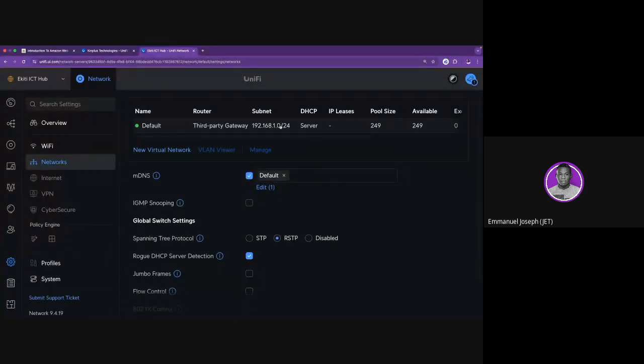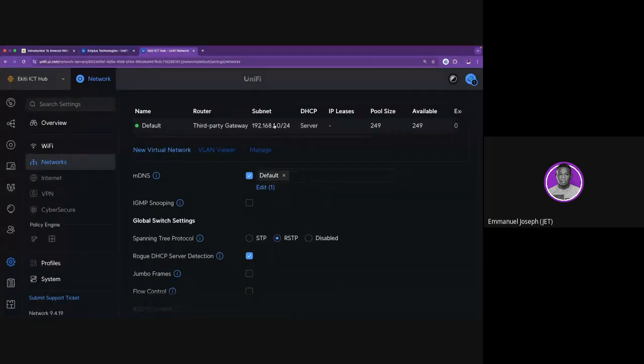Am I correct? Yes. So now, this host part is for your devices. It's for all of your devices. For this particular IP, we will remember that from 0 to 255 in total, 0 is meant for management, likewise 255 is meant for management.